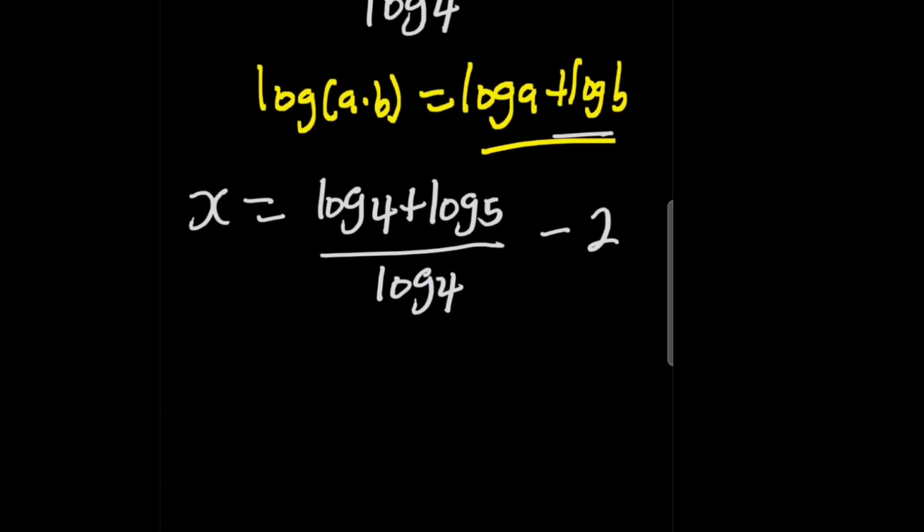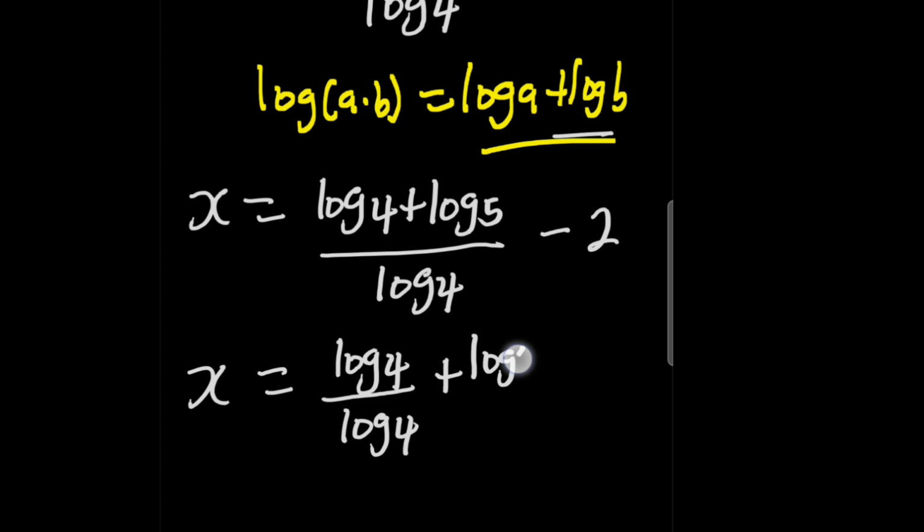Now we're going to simplify further. We're having x to be equal to this log 4 plus log 5 over log 4. Since the denominator is only one term, both terms in the numerator can share this denominator. This is going to be the same as log of 4 over log of 4 plus log of 5 over log of 4 and minus 2.